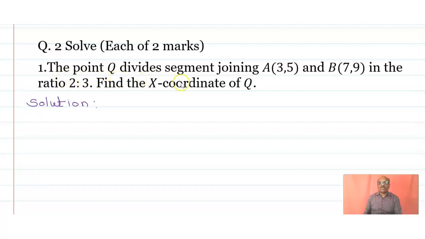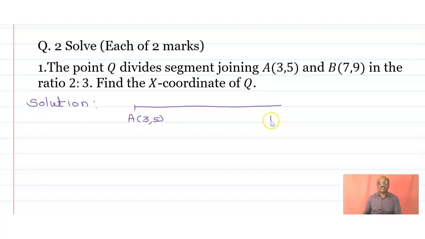The point Q divides the segment joining A (3, 5) and B (7, 9) in the ratio 2:3. Find the x coordinate of Q. Okay, we only need the x coordinate. I will draw it separately. Here the point A whose coordinate is (3, 5).